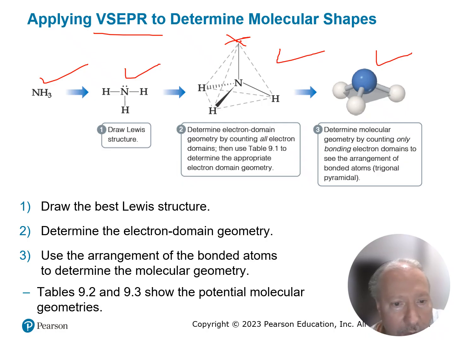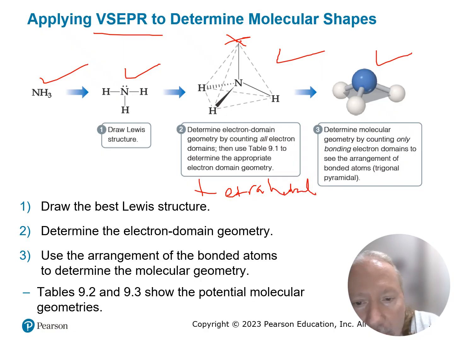The electron domain geometry here is tetrahedral, right? And this one is the molecular geometry. The molecular geometry is trigonal pyramidal when we ignore the lone pair. We ignore the lone pair for the molecular geometry.